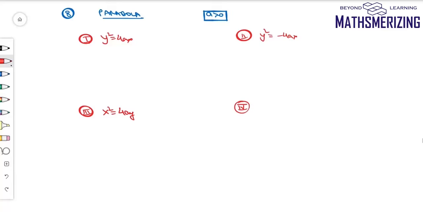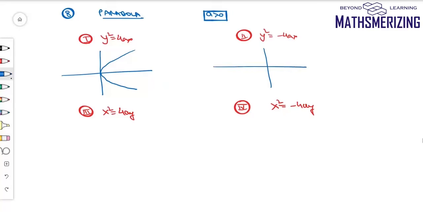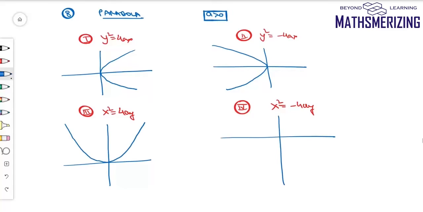And fourth form is x square equals minus 4ay. Now in the first case, it will represent a parabola opening rightwards. In the second case, a parabola opening leftwards. In the third case, a parabola opening upwards. And in the fourth case, a parabola opening downwards.